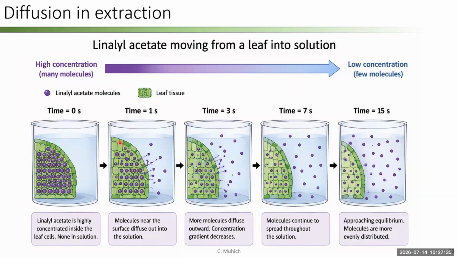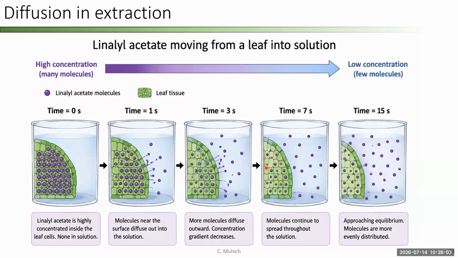And so first, the molecules near the surface are going to start diffusing outwards over time. The concentration within this plant leaf decreases, and the concentration within the solution increases. The difference in concentration between the leaf and the solution becomes lower.